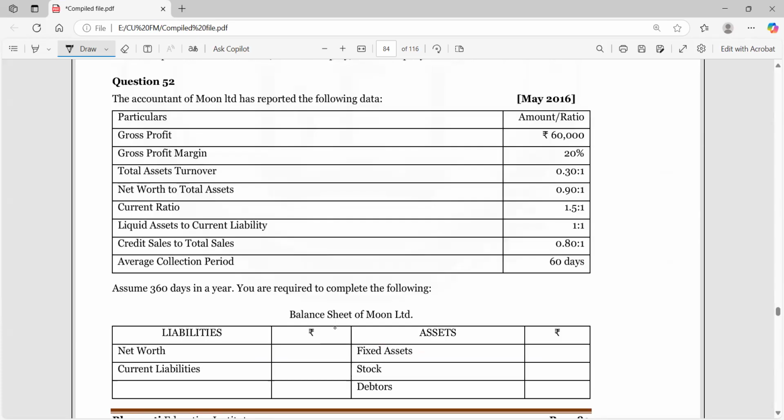Listen, 43 and 52 are homework. We will not solve it in the class. Remaining questions we will do in the class. Please try it and come. 43 and 52.